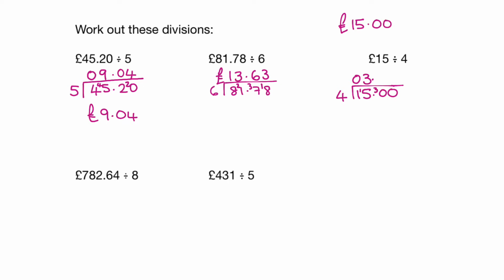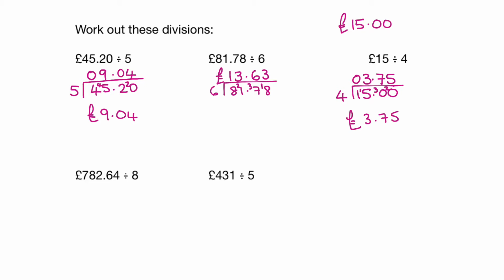So 30 divided by 4 is 7. 7 4s are 28, so there's 2 left over. And then we're looking at how many 4s are in 20, and that makes 5. So our answer for £15 divided by 4 is £3.75. Okay.